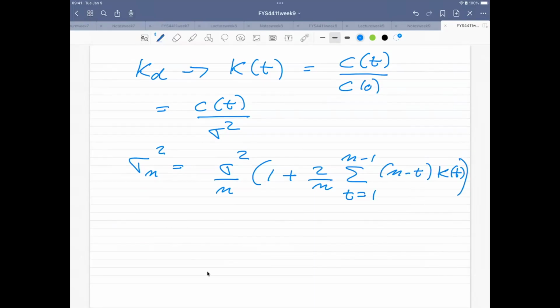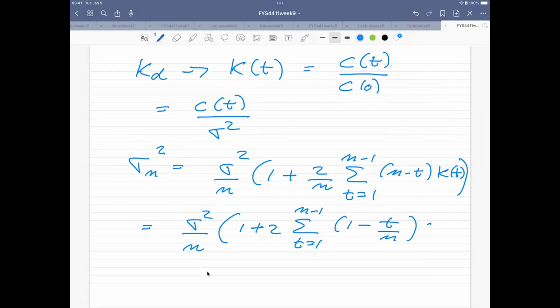And you can rewrite it further. We can write it as sigma squared divided by n, and then we have 1 plus 2, and then the sum over t equal 1 up to n minus 1 of 1 minus t divided by n, multiplied with this function kappa of t.